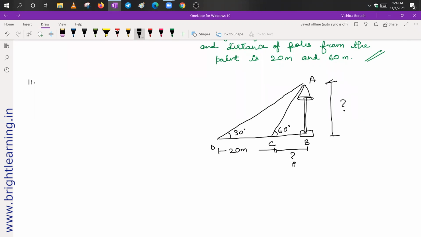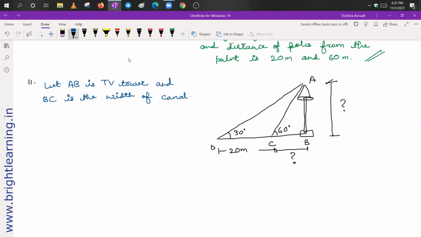Okay, so now first let us write here that let AB is TV tower and BC is the width of the canal. This is the width of canal.